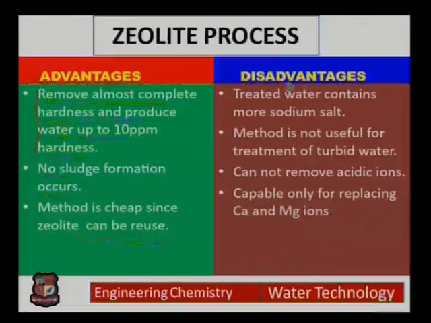Now its disadvantages: the treated water contains more sodium salt. Whatever the hardness causing salt was present in the water, when it is passed through the zeolite, double the amount of sodium salts are generated, because for any bivalent cation 2 moles of monovalent sodium are given.